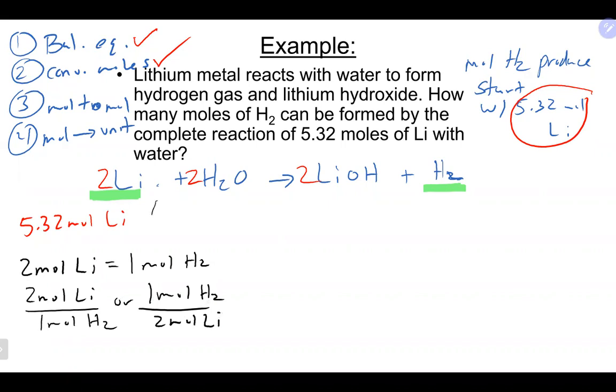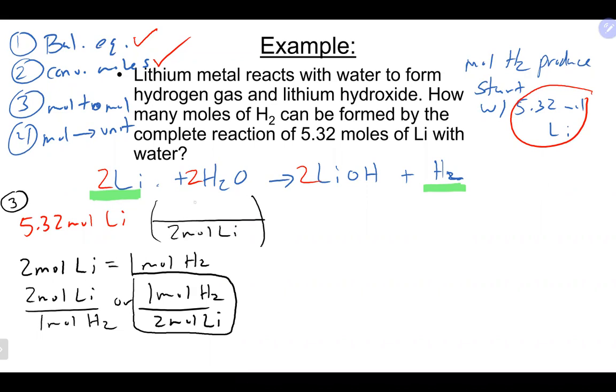So we're going to do our third step here, actually. And which conversion factor should I use in this case? The one on the left or the one on the right? It is the one on the right. We want to get rid of lithium, so it needs to end up in the opposite location. So since lithium's up on top, the 2 moles of lithium go on the bottom, the 1 mole of hydrogen up on top.